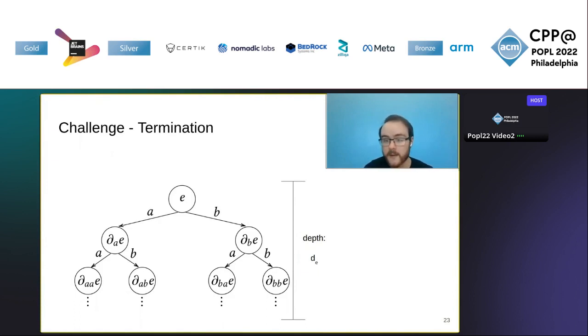We don't formalize this proof due to Brzozowski, but we do reference it when we determine this depth here. This depth is essentially the recursion depth of our construction.